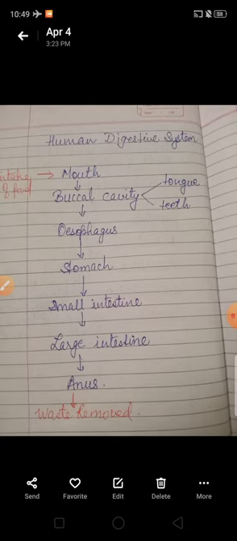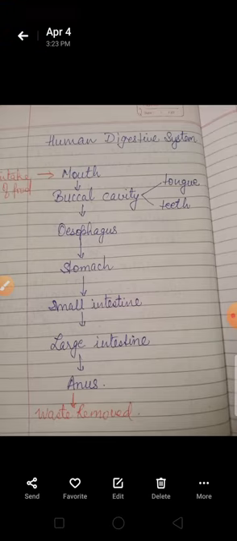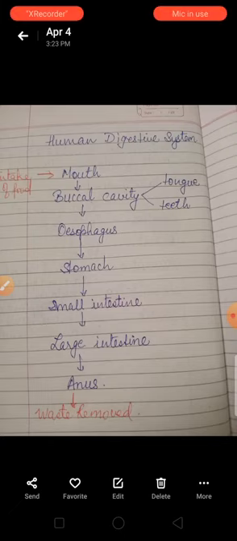All these three are complex macromolecules, and these have to be broken down into simplest micromolecules, and this is done by various juices which are secreted at various levels.